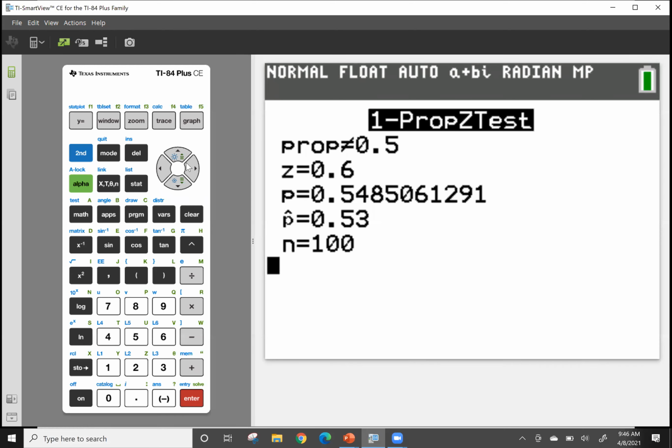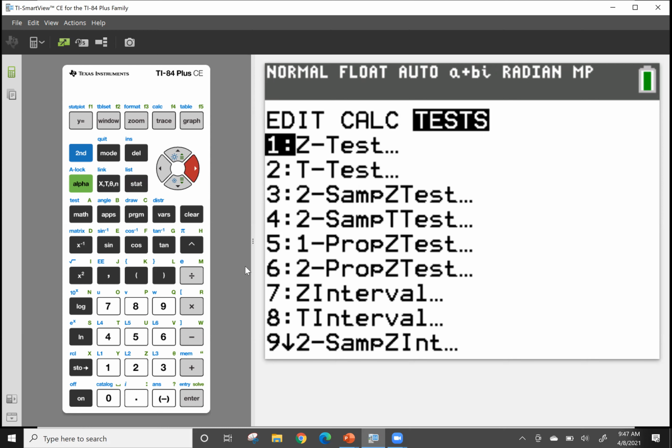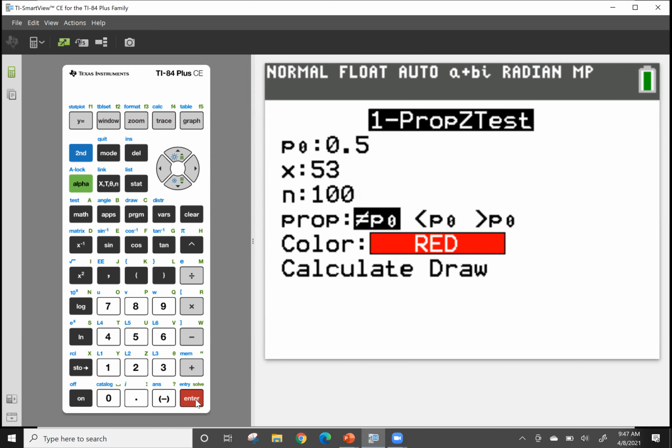So I'm going to go back and I'm going to go to stat, tests, 1 proportion z-test. We're looking at a null hypothesis. Is my proportion 30%? In my survey that was conducted, I found, did I write it down?